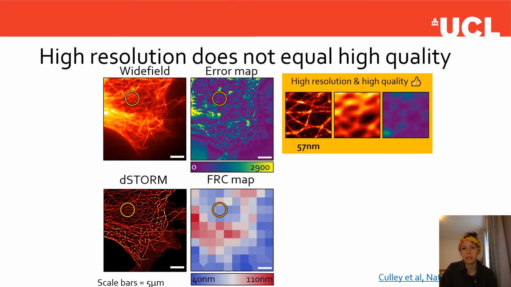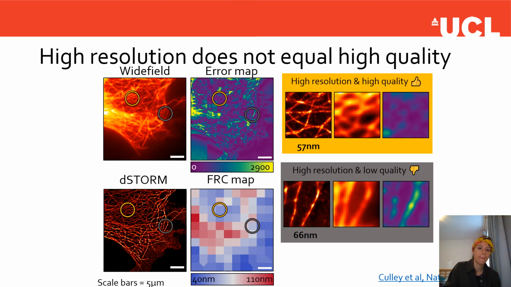And our error map isn't really saying that there's anything particularly wrong. But if we look in this grey ring here, that's quite a good resolution, 66 nanometers. That's pretty similar to our resolution in this part of the image. But actually, the intensities have gone pretty mad compared to our wide field image, and it's showing up in the error map.